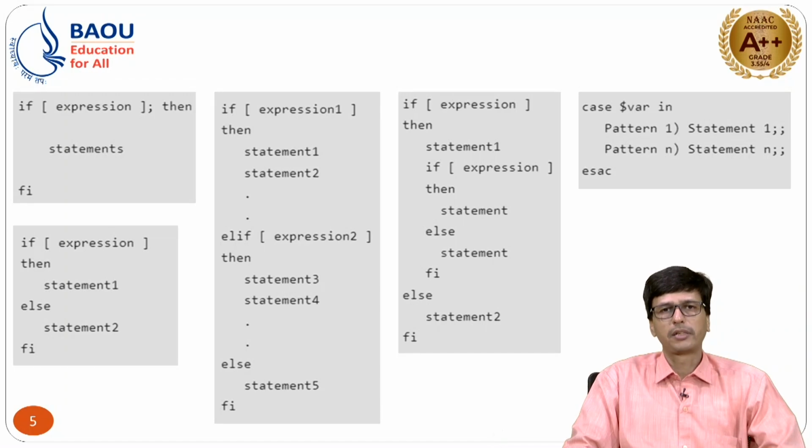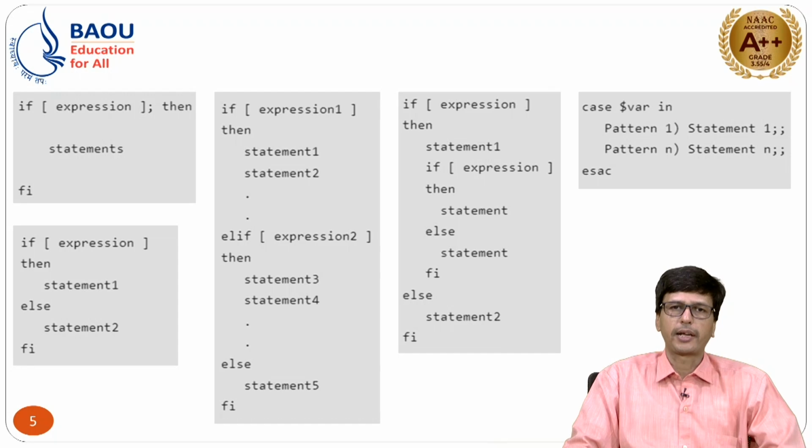So pattern 1, pattern 2, then you use pattern 1 and simply one parenthesis, and then whatever statement you want to execute you have to write. Remember one thing: each and every pattern or case must end with a double semicolon, that is the syntax. If you do not put the double semicolon here, it will consider that the next case will be executed, right? And then this statement ends with the reverse of case, that is esac.